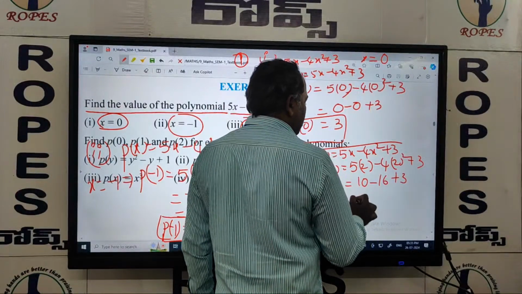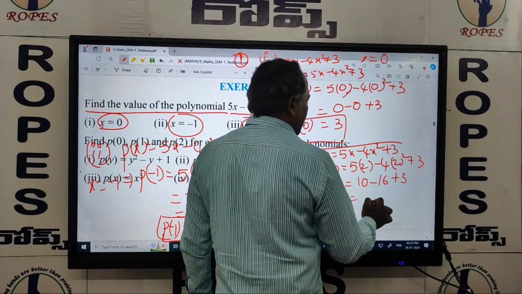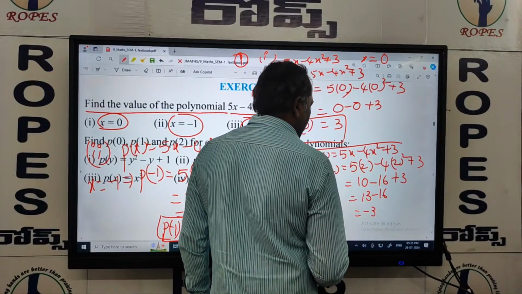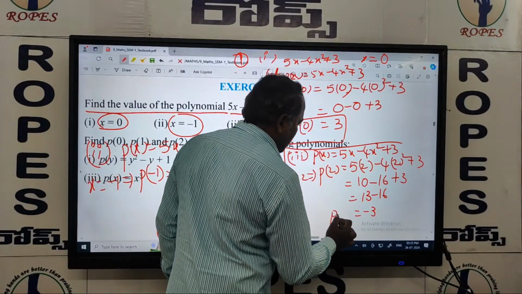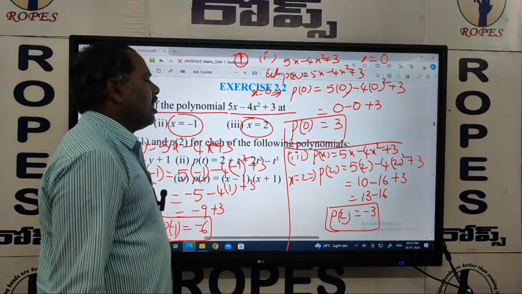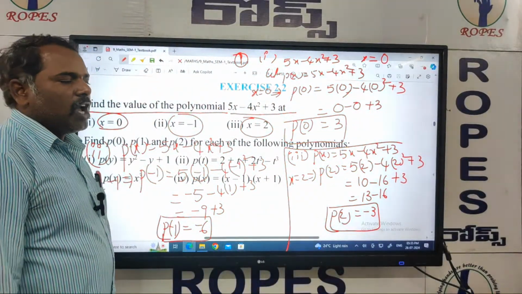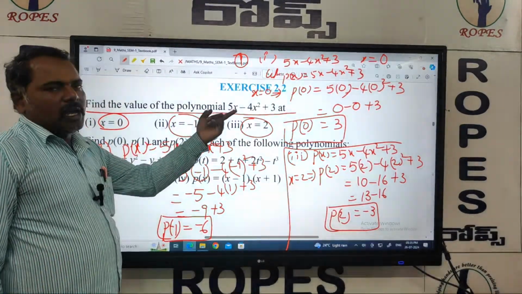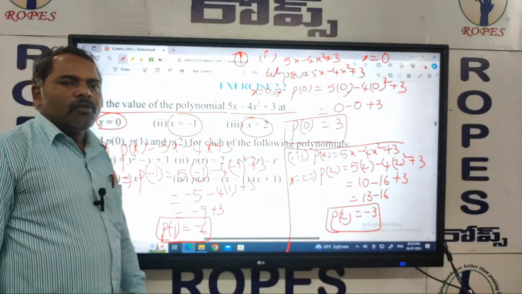So 10 plus 3, here 13 minus 16 is equal to nothing but minus 3. Okay, so p of 2 is equal to minus 3. This is the way how to find the value of the polynomials when they are giving the one polynomial and the value of the variable.